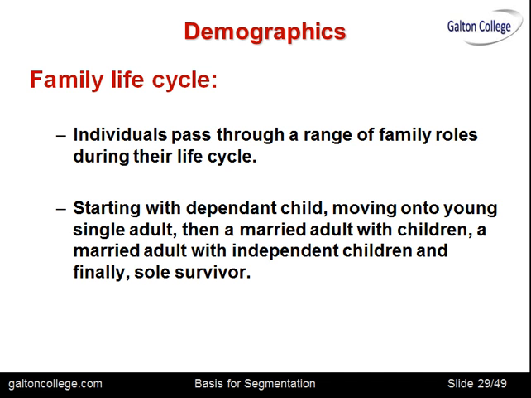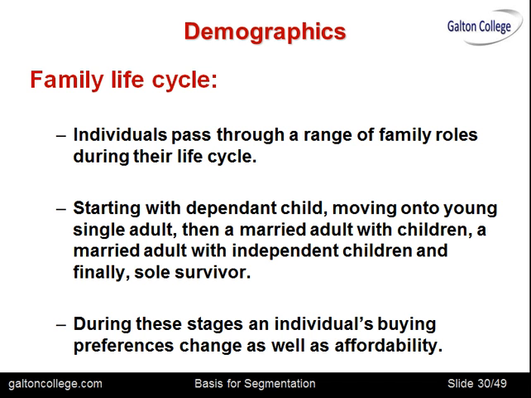It's like the life cycle. That's our life cycle. And at each stage in the life cycle we will have different requirements, and at each stage we will constitute a different segment of the market, which may be addressed by the marketers, the marketing professionals, to satisfy our needs in that particular segment.